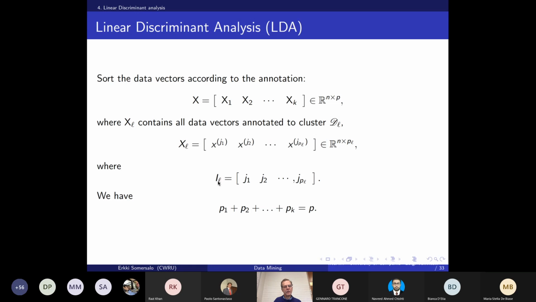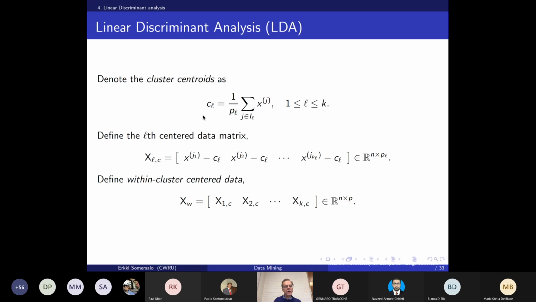So I_L is going to be the index vector that tells me which points belong to the lth class, and X_L is the actual data. And so this matrix here has dimensions n times P_L. P_L is the number of data vectors in the class L, and the sum of those P1, P2, etc., Pk is equal to P, which is the original size of the data. So this is just an organization of my data. Nothing fancy here. So my data is annotated, remember.